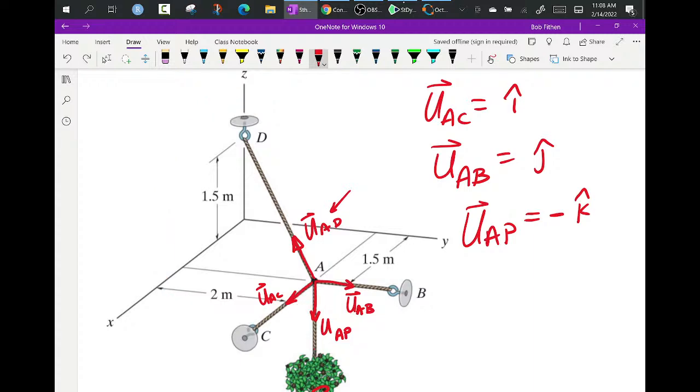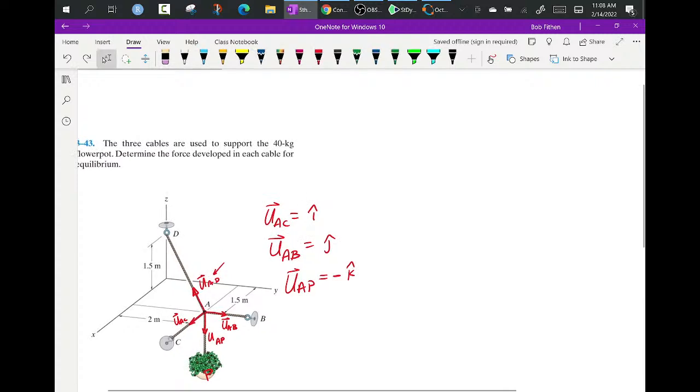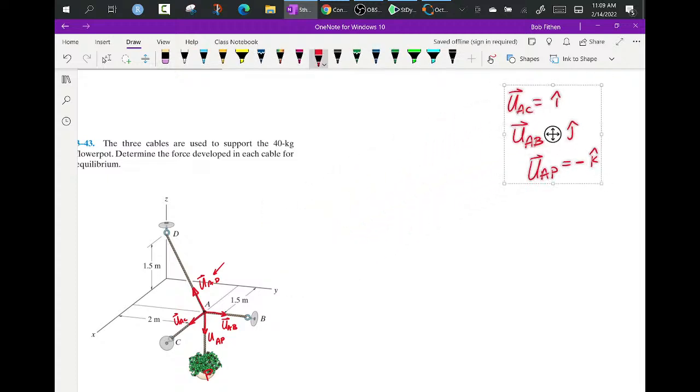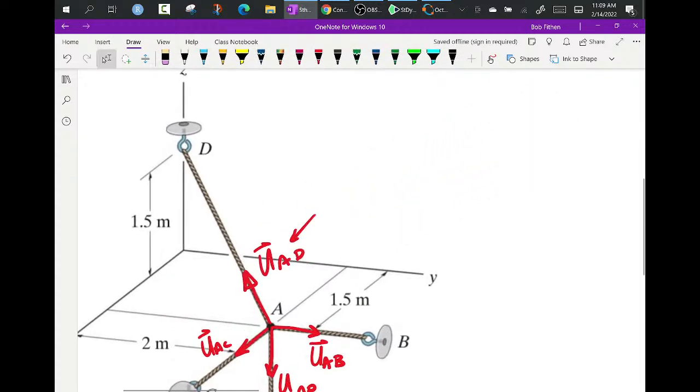Since those are so easy to find, I'm going to move them to the side and then work on the other one, which is the unit AD. First I'm going to find a vector that goes from A to D, using my little funny way of doing things.